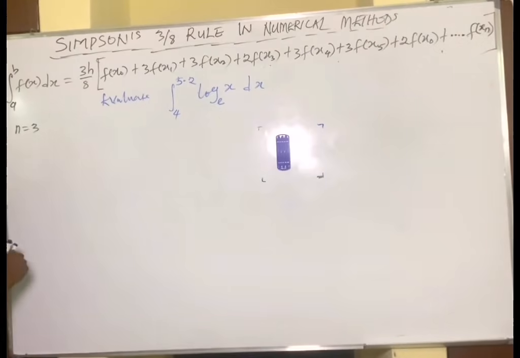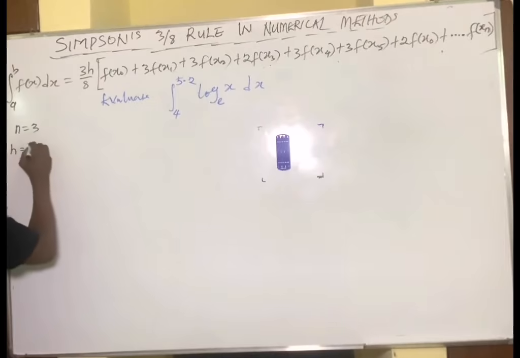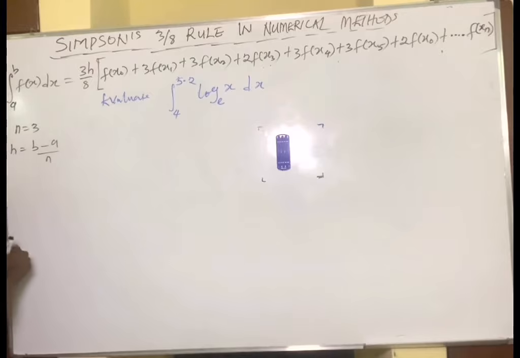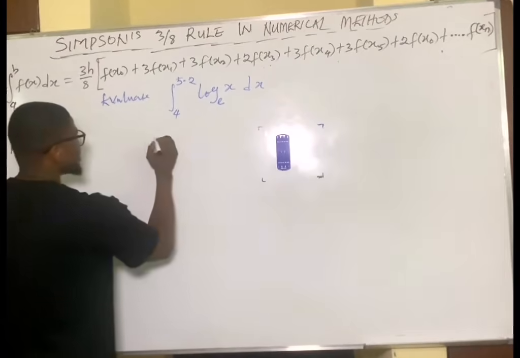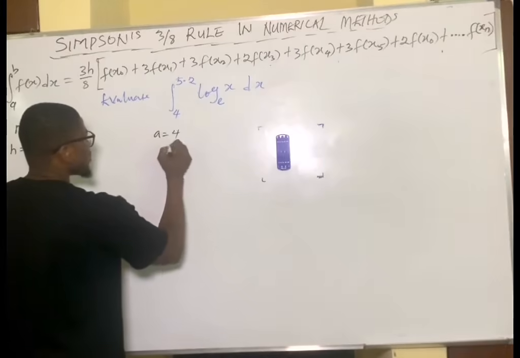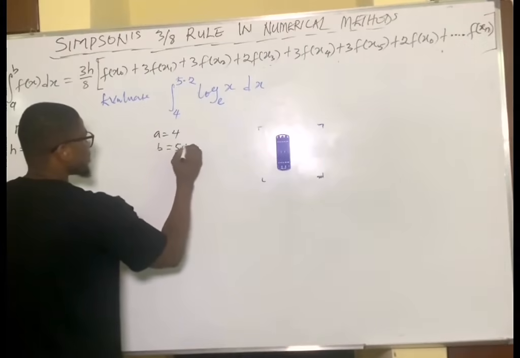Alright, so remember your interval h can be found as b minus a all over n, where b is the upper limit and a is the lower limit. So from the question, a is 4 and b is 5.2.